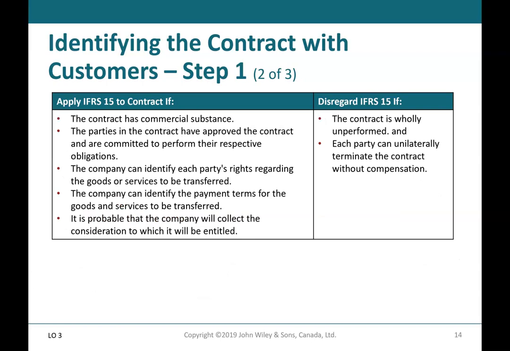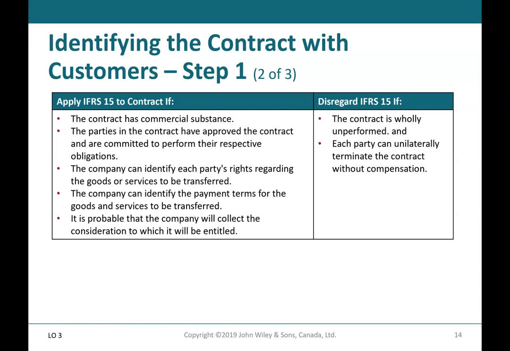Identifying the contract with customers, step 1, 2 of 3. Apply IFRS 15 to a contract if the contract has commercial substance. The parties in the contract have approved the contract and are committed to perform their respective obligations. The company can identify each party's rights regarding the goods or services to be transferred.